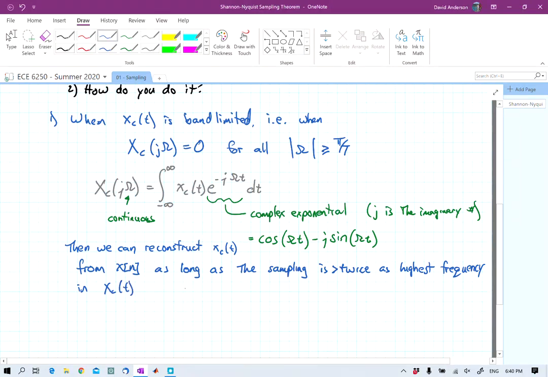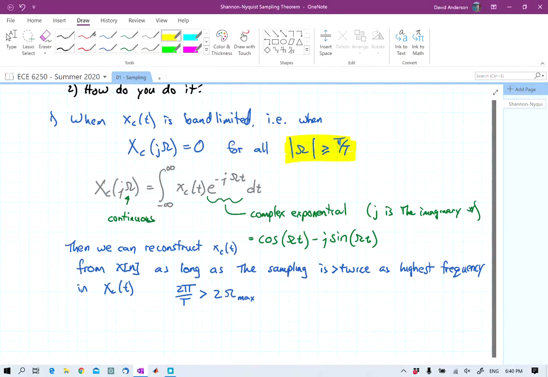So that works out to 2 pi over T must be greater than 2 times omega max. So this is actually represented right there in the same thing.